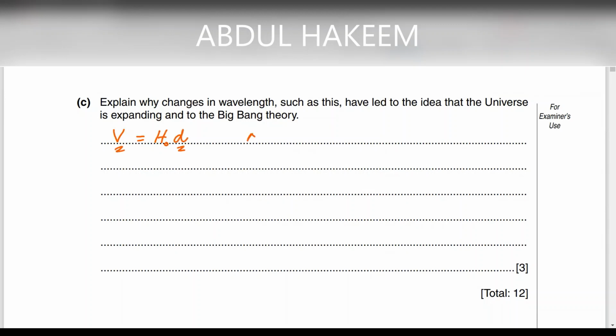It means this recessional velocity is directly proportional to distance, meaning all galaxies are receding from our Earth.